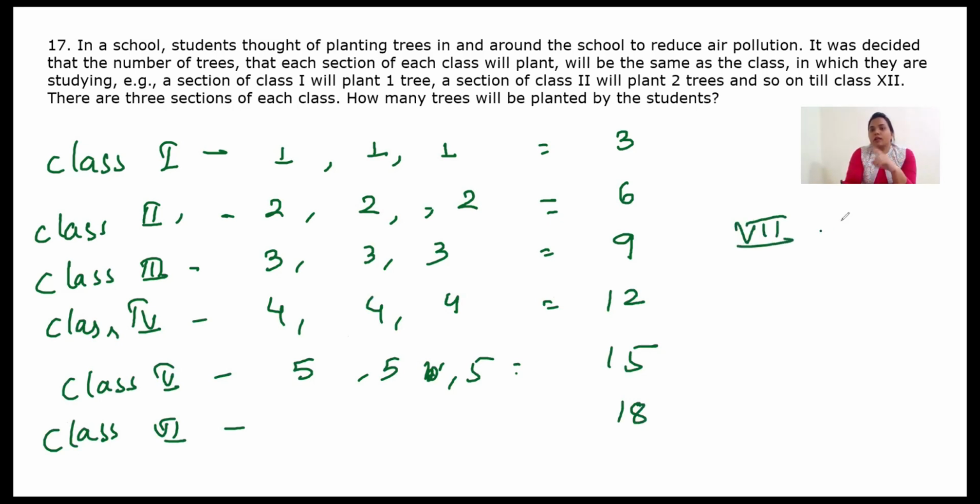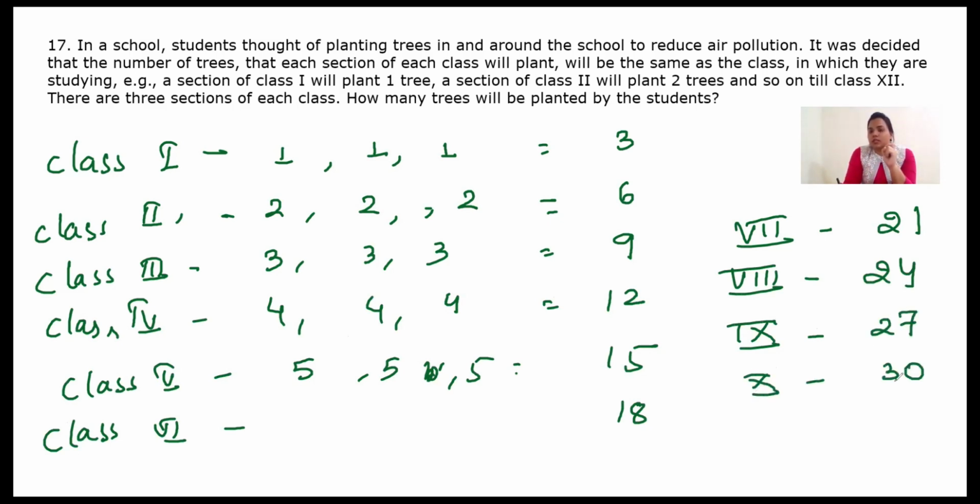Class 7 will plant 7 into 3, 21. Class 8 will plant 8 into 3, 24 trees. Class 9 will plant 9 into 3, that is 27 trees. Class 10 will plant 30 trees. Class 11 will plant 33 trees and class 12 will plant 36 trees.